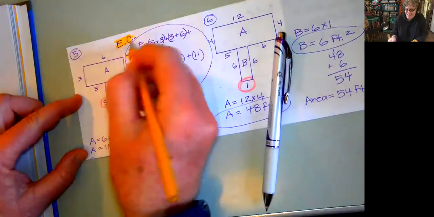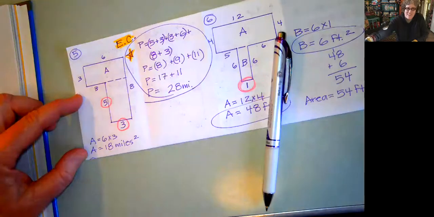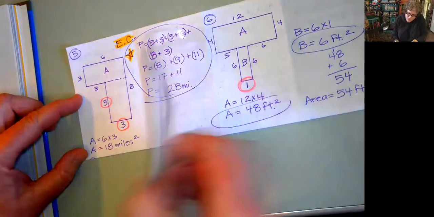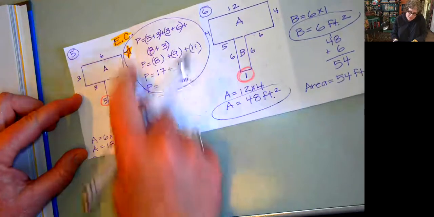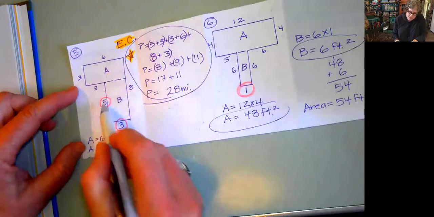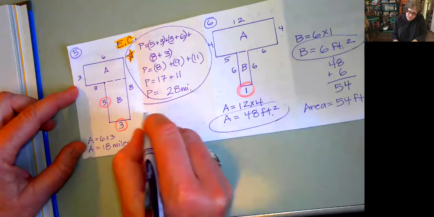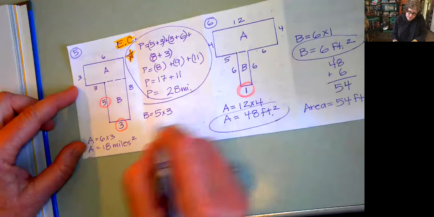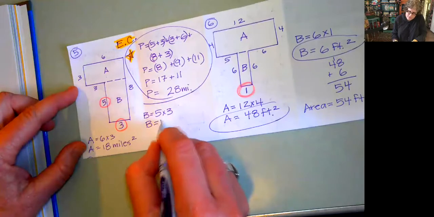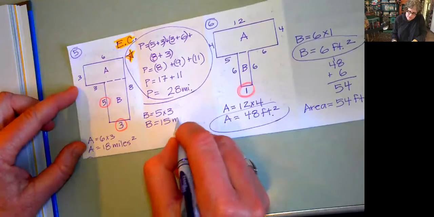Extra credit. Okay. So now I need to find B. I'm not going to worry about the 8 because remember the 8's the total, but I'm going to take 5 times 3. So B equals 5 times 3. B equals 15 miles squared.